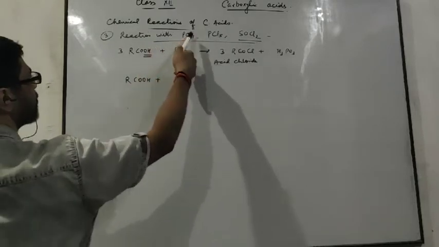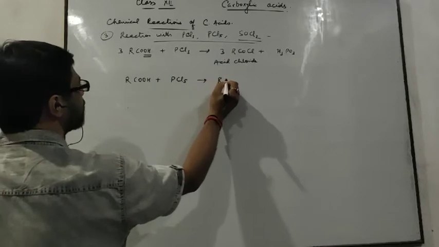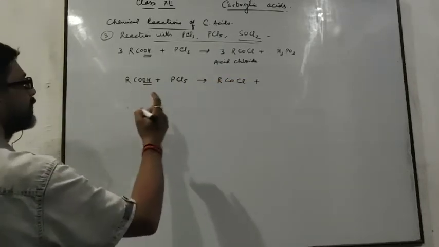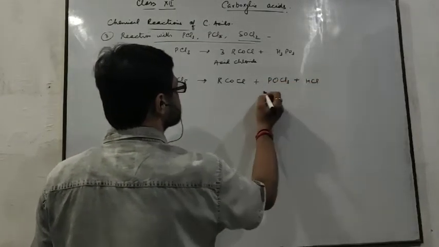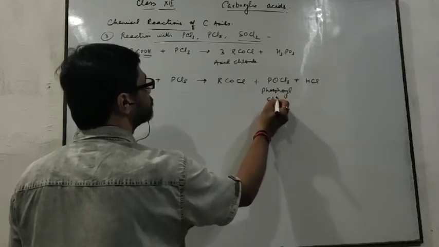RCOOH, this carboxylic acid on reaction with PCl5 gives RCOCl. This OH is replaced by chlorine atom, and POCl3 and HCl are released. This one is phosphoryl chloride.